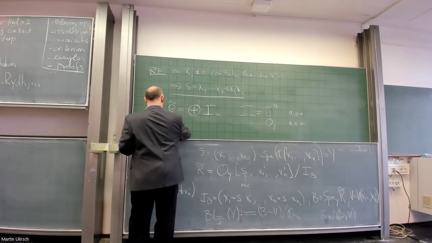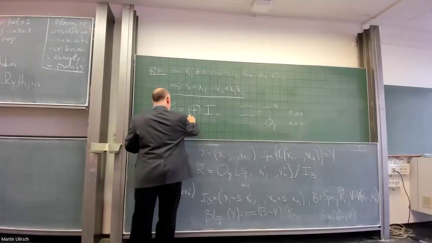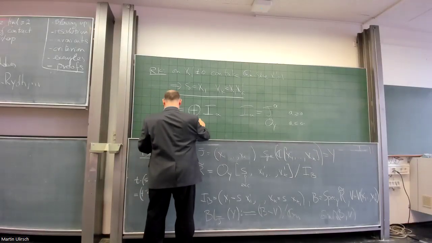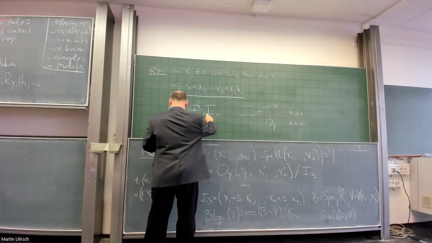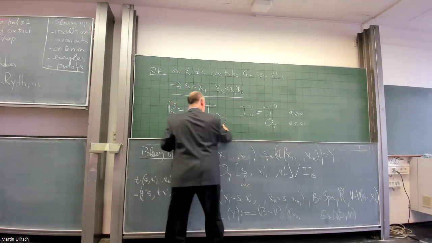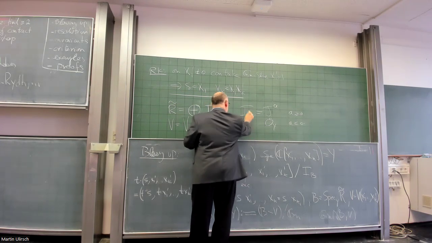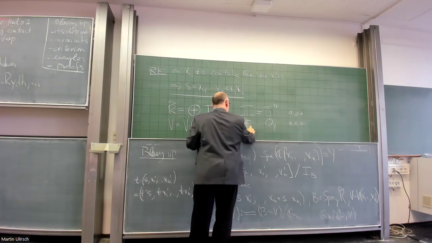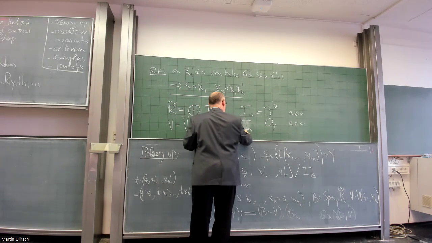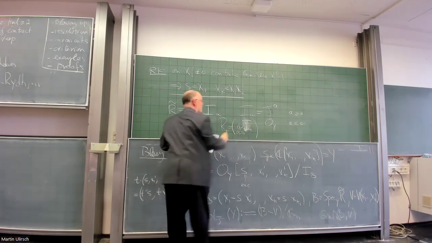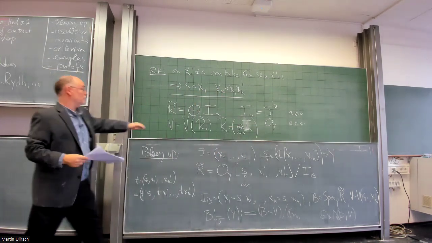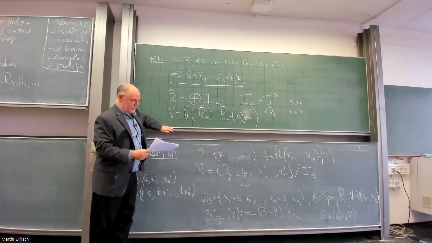And V, what is V? V is the vanishing locus of R plus tilde, where R plus is the ideal generated by the positive part. Okay?